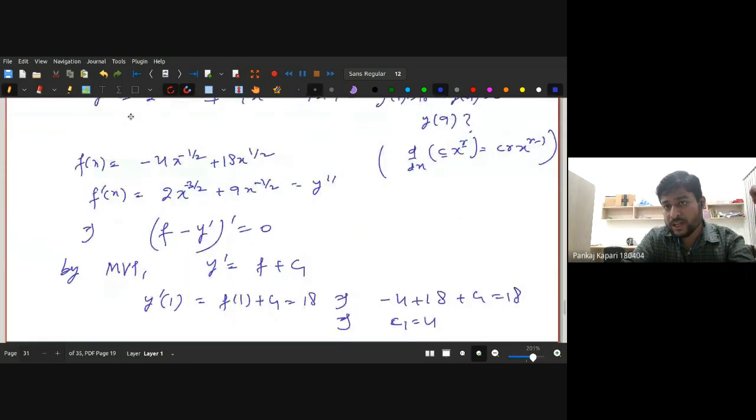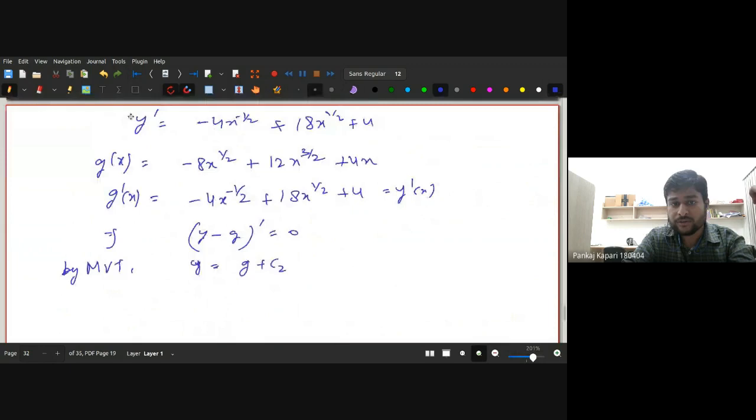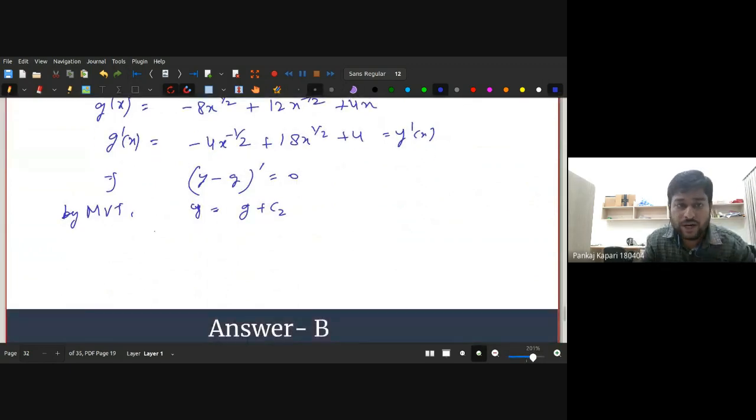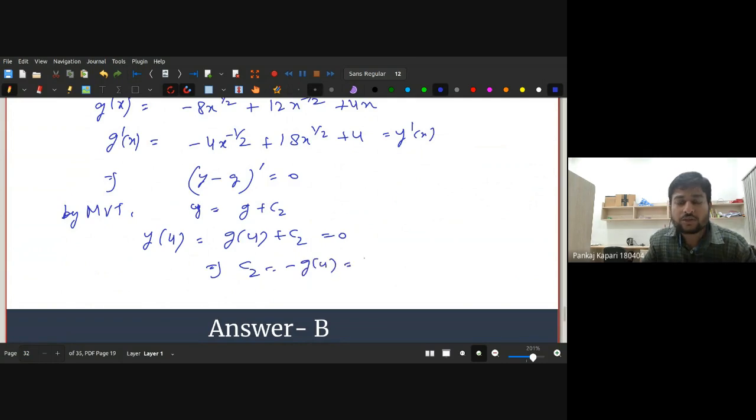It's given that at 4 the function is 0, so y of 4, which is g of 4 plus c2, becomes 0. This implies that c2 must be minus g of 4. So let's find out what g of 4 is.